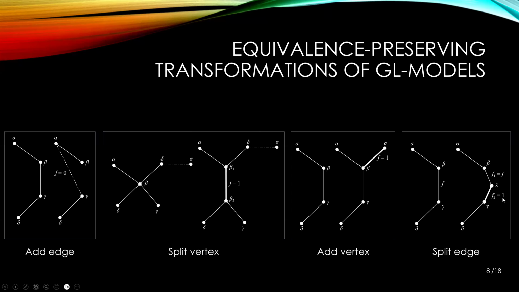For example, this one can use the original function, and this one can use the trivial function f equal to 1. It doesn't matter which one will be selected as trivial and which one will preserve the original function. And in the work, it's also shown that these transformations are sufficient to align graphs of arbitrary GL models to a common structure.